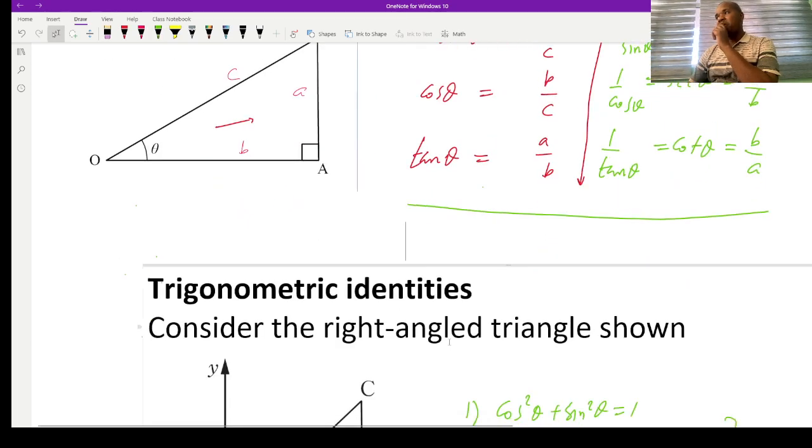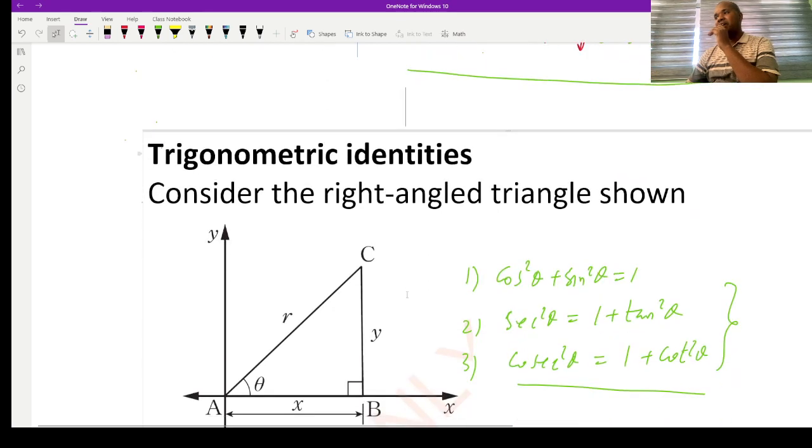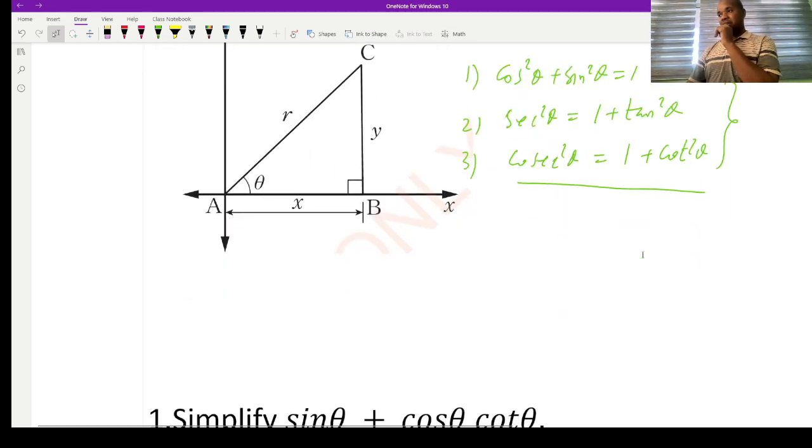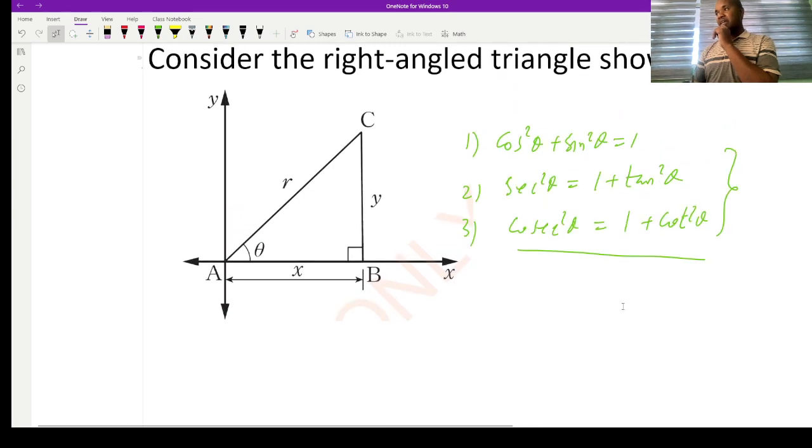So with the recap of yesterday, now let us start trigonometric identities. The basic one I'll be starting with is proving the first formula here, that sine square theta plus cosine square theta equals 1.